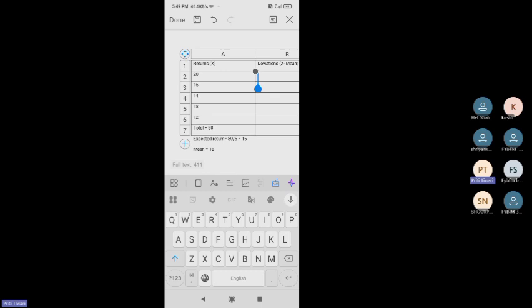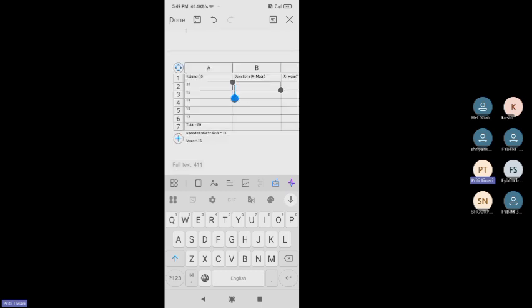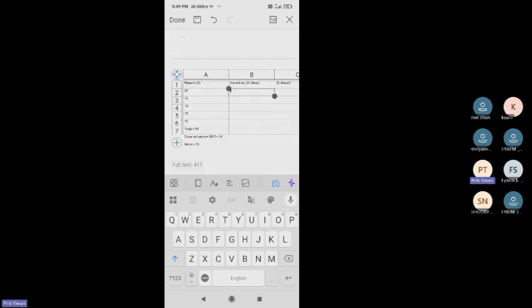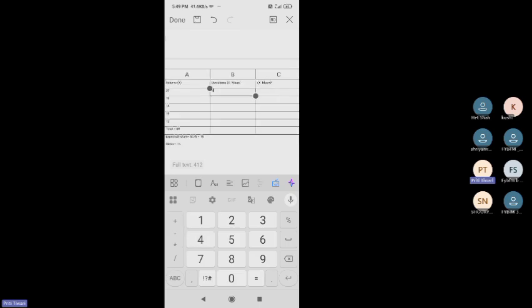Now we need to calculate deviations. Deviations are nothing but x minus mean. How will you move ahead? 20 minus 16 will give you a positive deviation of 4%.